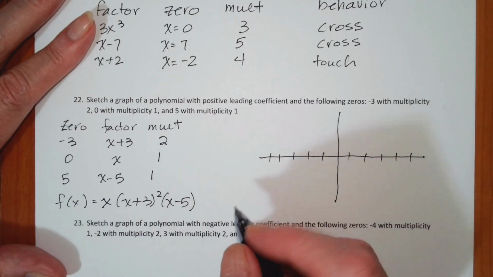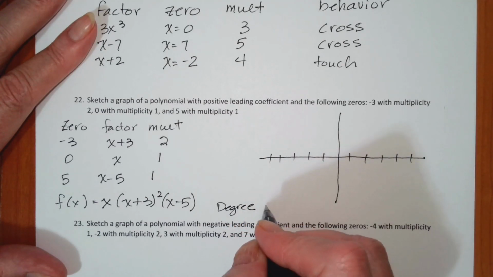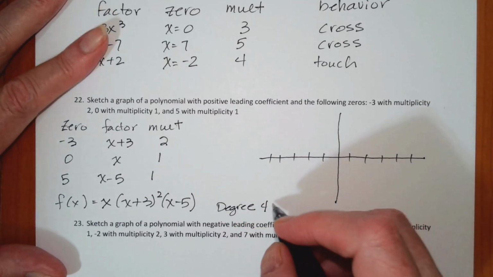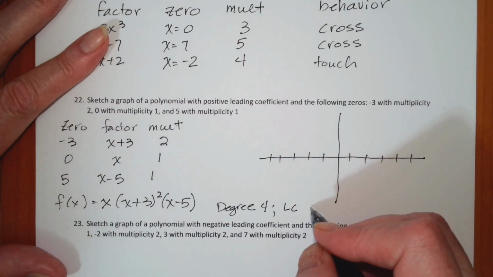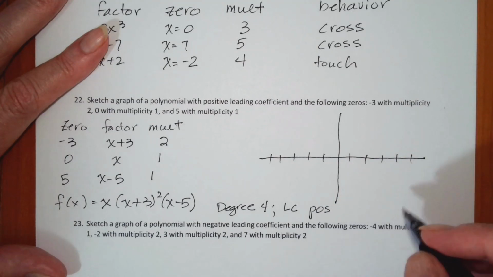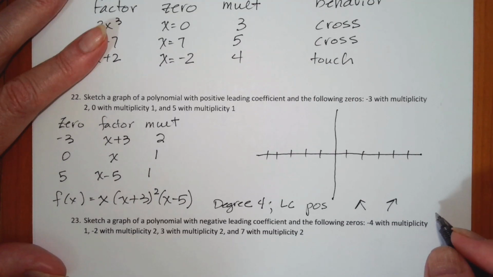Okay, so my degree is 4. My leading coefficient is positive, so my ends are going to go up on both sides.